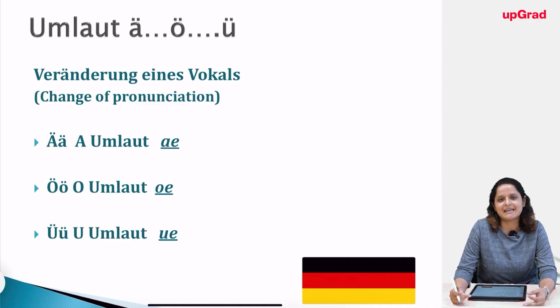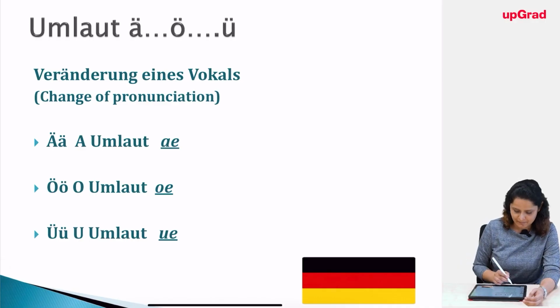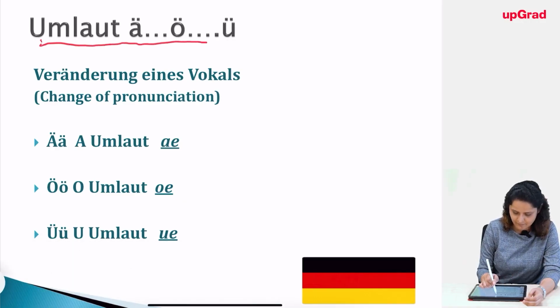Now after the alphabets, we have some more vowels in Deutsch. Apart from A, E, I, O, U, there is something called umlaut.